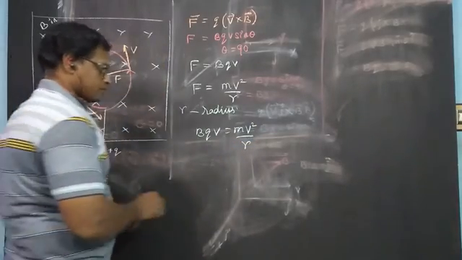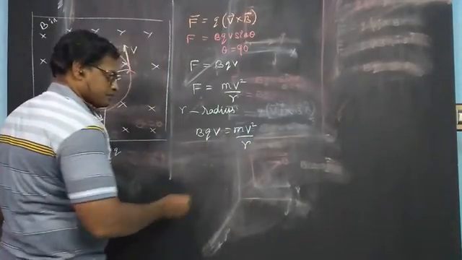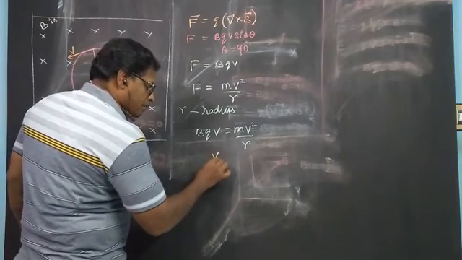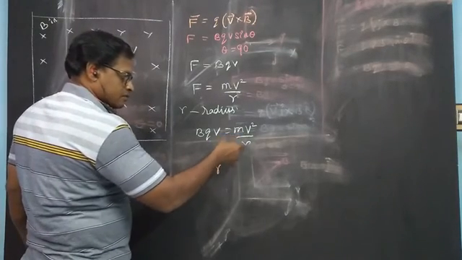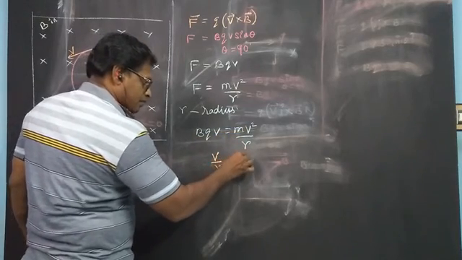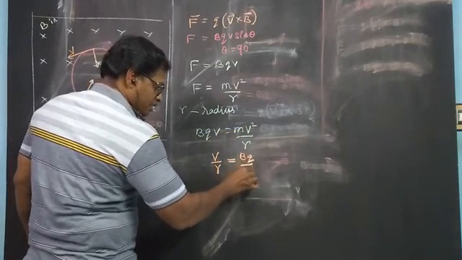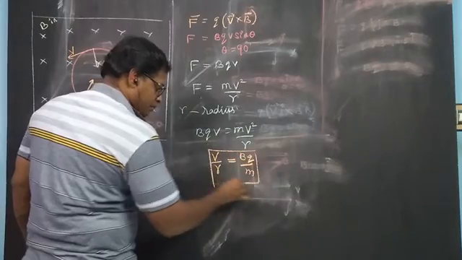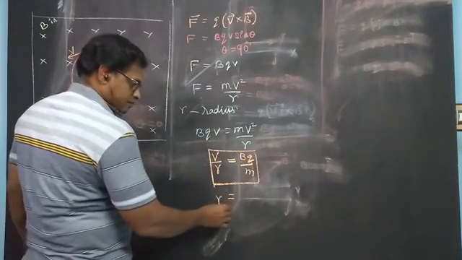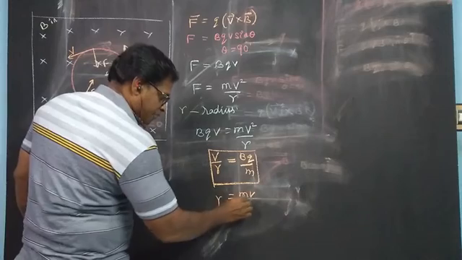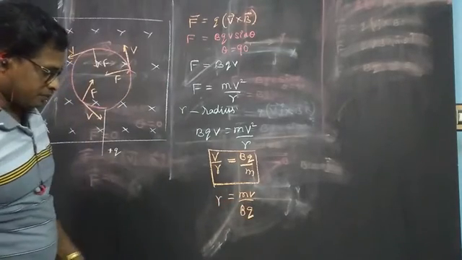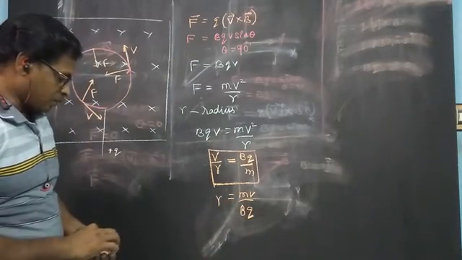Now cancel the v and v. v by r is equal to Bq by m, or r is equal to mv by Bq. r equal to mv by Bq.